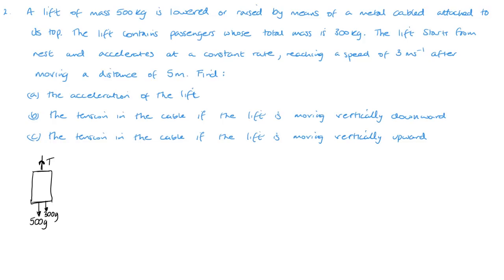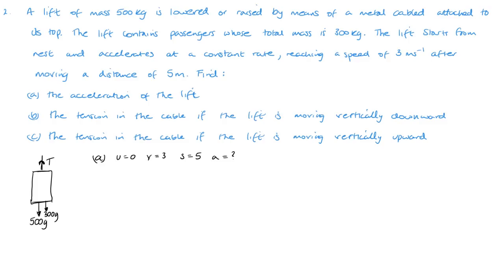So it's at a constant rate. Here we're given enough information to use SUVAT, and a constant rate of acceleration means we can use SUVAT. It starts at rest, so u equals 0. It reaches a speed of 3 meters per second after moving a distance of 5 meters, and we want to find a.